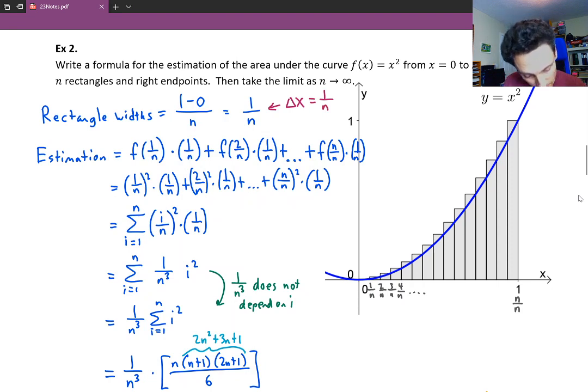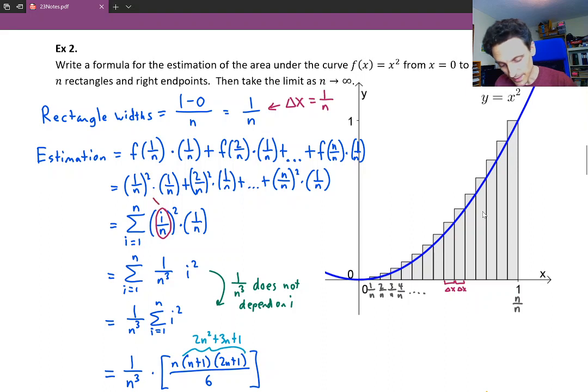On the picture, you can see delta x right here. Here's delta x, here's another delta x, and so on. The width of each of these subintervals is delta x, or in other words, the width of the rectangles is delta x.